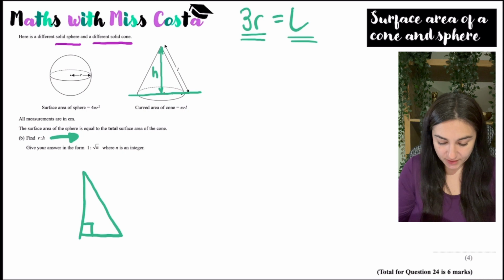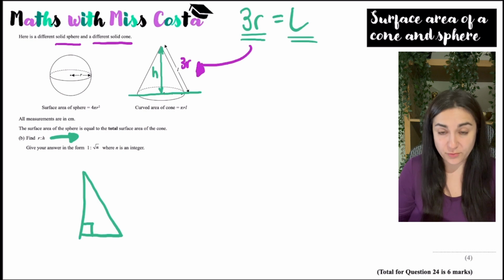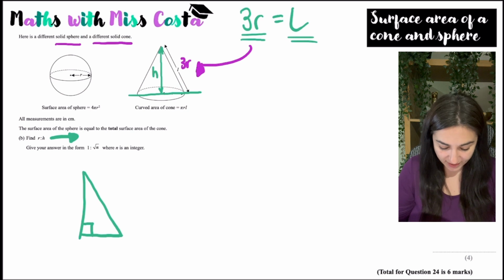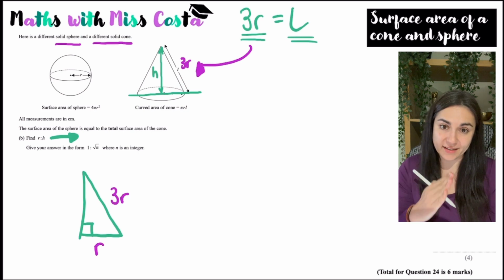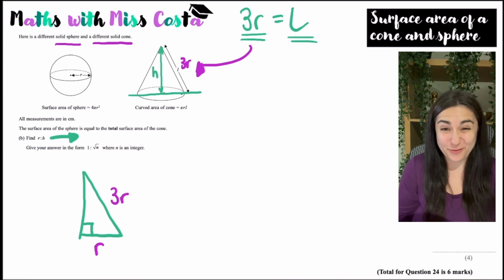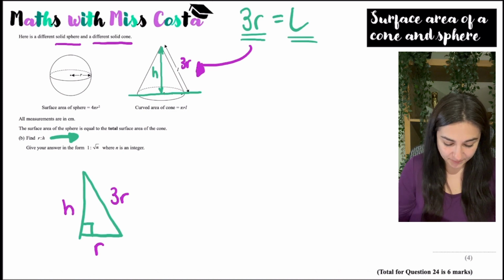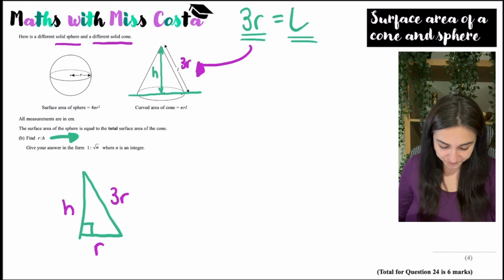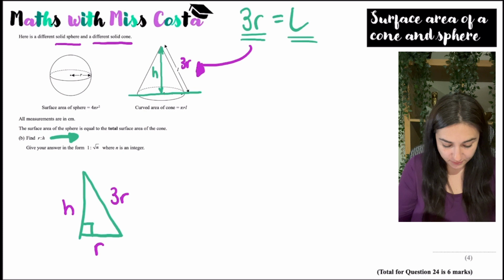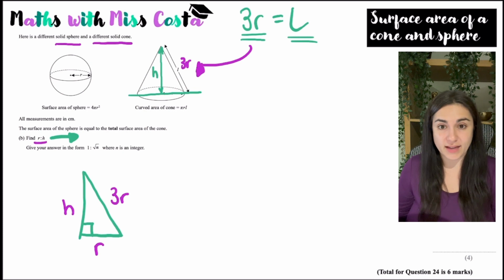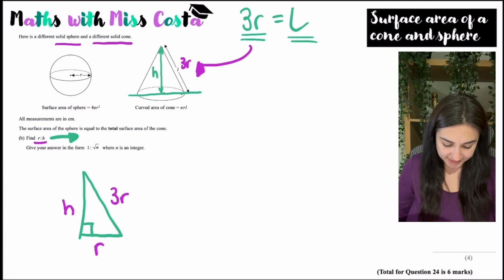So I could substitute, instead of L, I could write 3R, because then the radius is R and the hypotenuse, or the slant height, is 3R. So I can form myself a nice Pythagoras triangle. And all I'm dealing with is R and H, because that is what has been given to me. That's what I want to work out. So let's see what I can do.